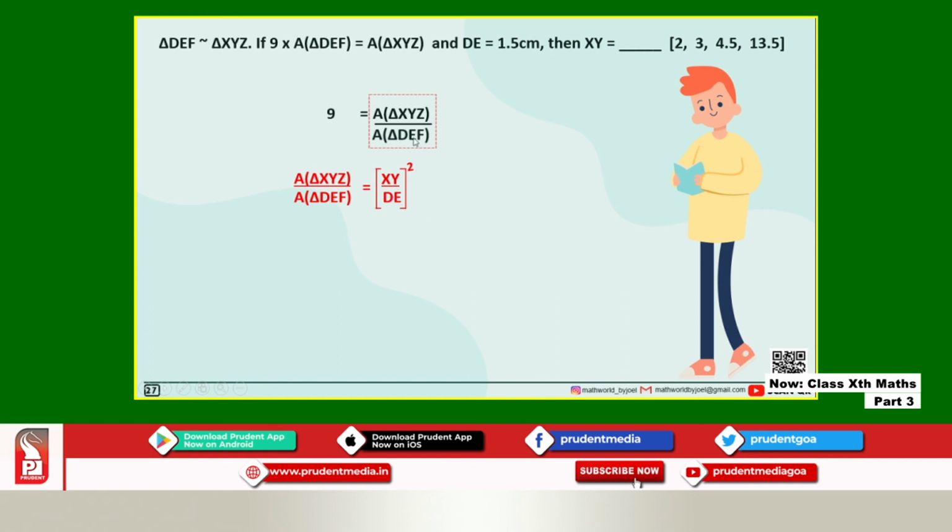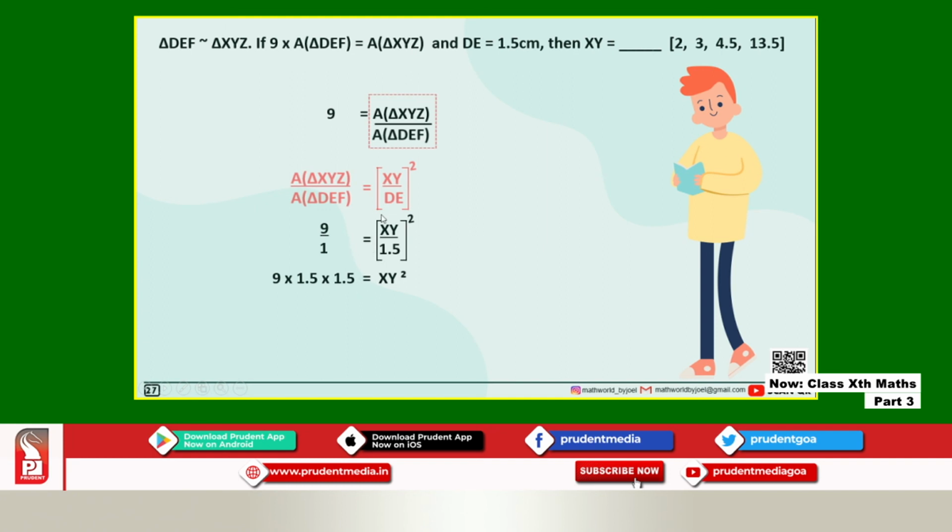So based on that, instead of writing this entire thing in red, all I can do is substitute 9 upon 1 is equal to XY square, whatever is there I've written as it is. XY is something that we have to find out. So all I will do now is take this 1.5 and multiply this side. But wait a second, how come 1.5 is written twice over here?